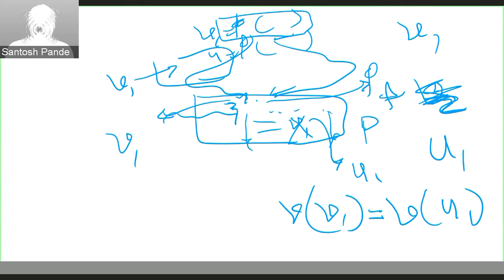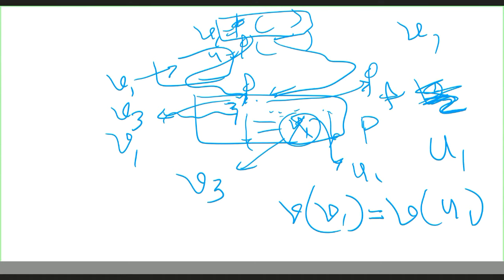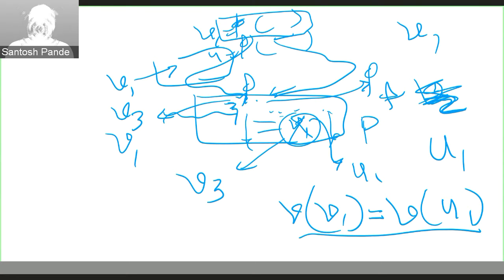So SSA wise, this would be something like V3, which will have a phi function, and V1 might be equal to U1, but the prevalent one at this particular point will be V3, not V1. So that is why the domination relation, that both of them must be dominating a given point, is an important condition for them to be prevalent. And by both of them being prevalent at this point, the second condition, which is important for the free substitution, is their values must be identical, which is the first condition.